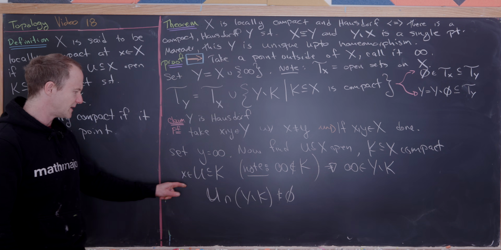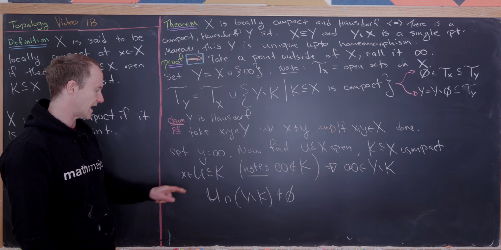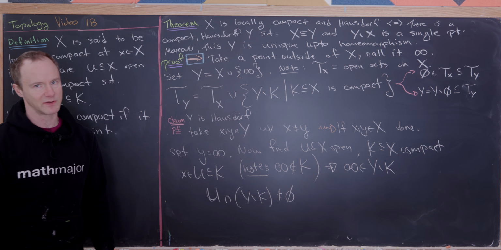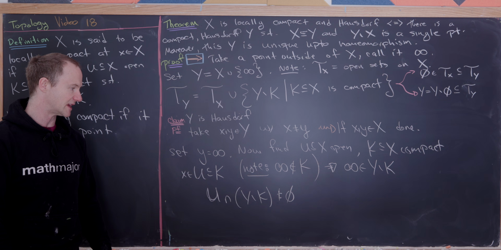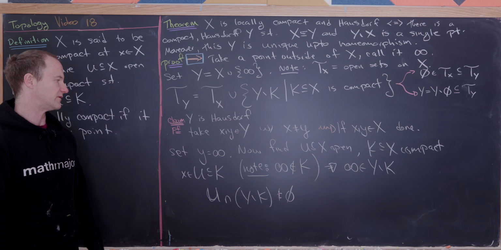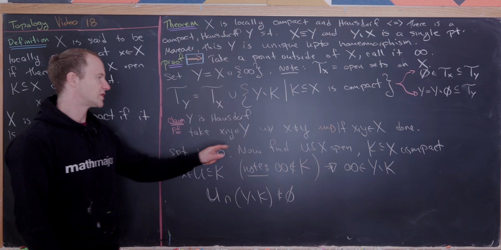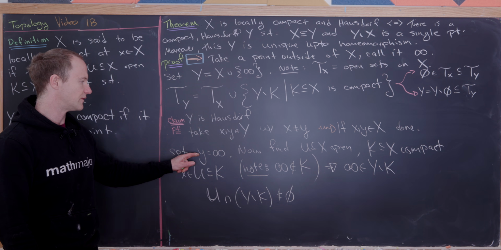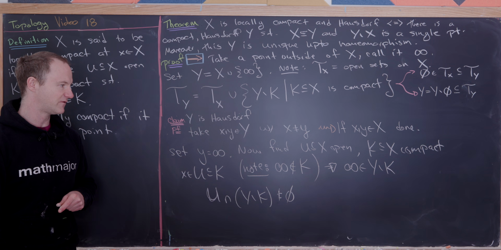And well, that's because U is a subset of K. So if U is a subset of K, when we intersect it with the complement of K, we necessarily get the empty set. And well, let's step back and see what we've done. We took 2 points that were not equal in Y. We argued that one of them had to be this point at infinity.